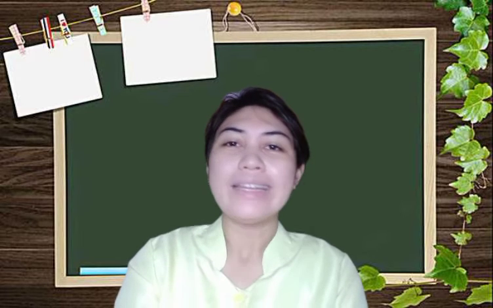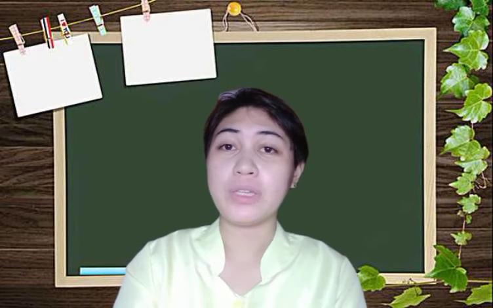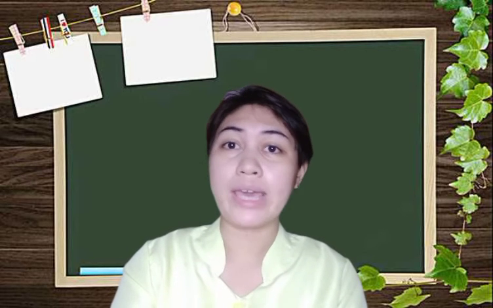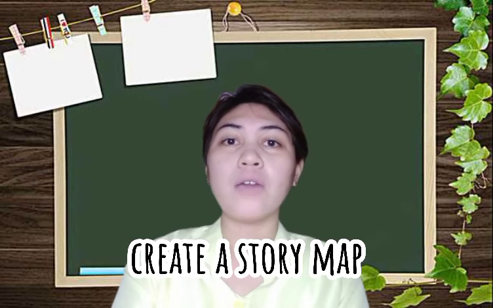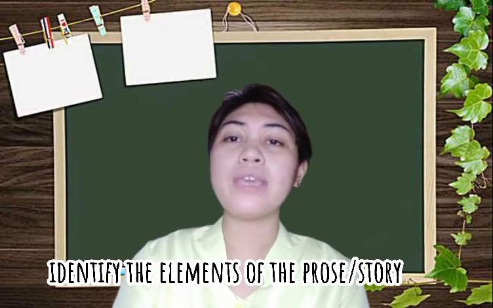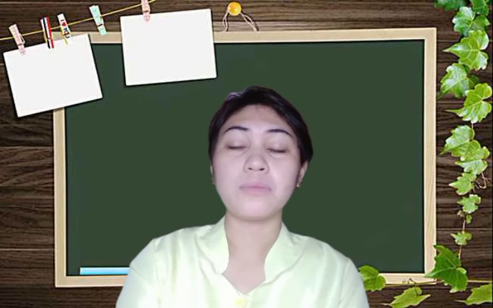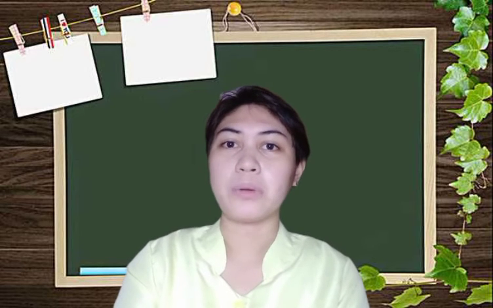Very good. Now, I will distribute a short prose written by a Filipino author. What you will do now is you would create a story map. For 10 minutes, I want you to read the story in silence and identify all the elements of the story. The characters, setting, plot, conflict, points of view, theme, style, and tone.